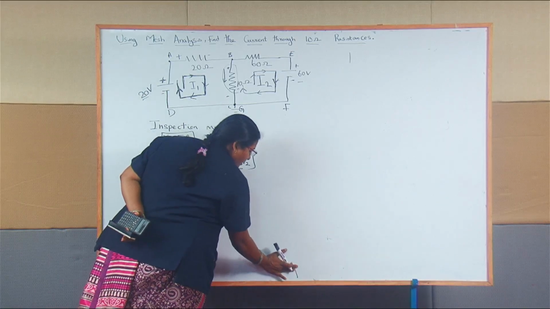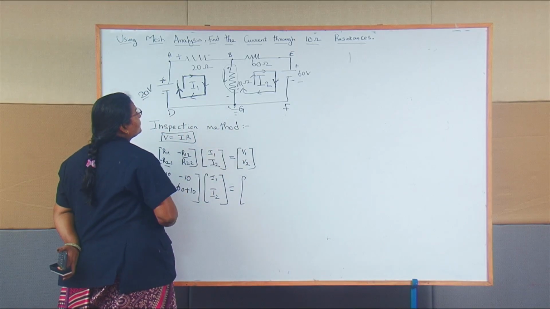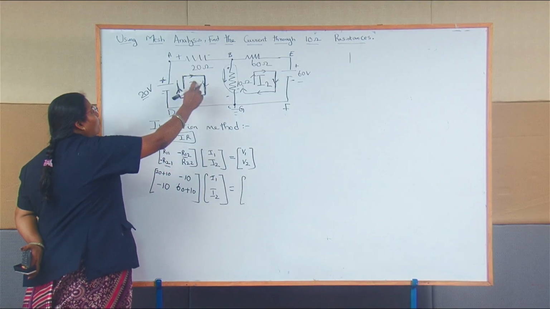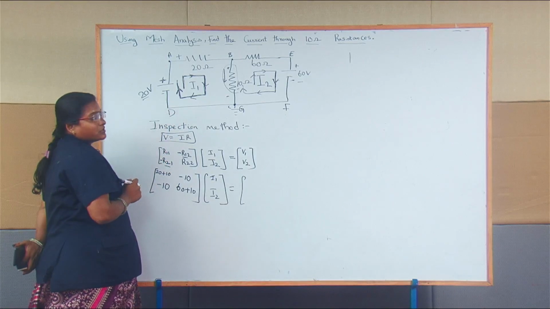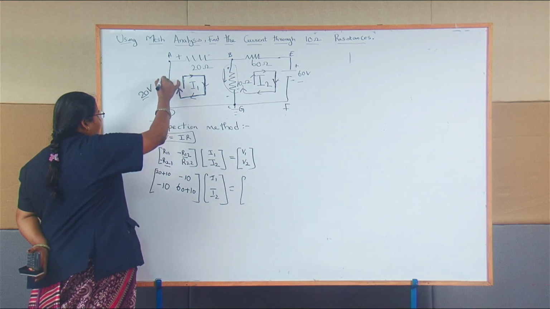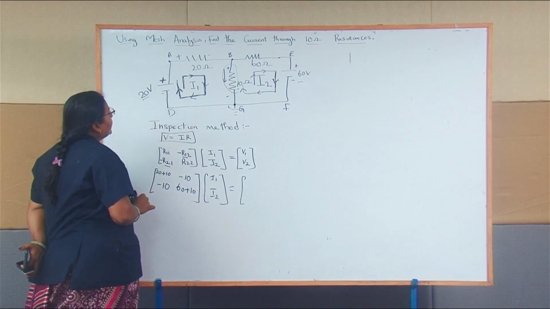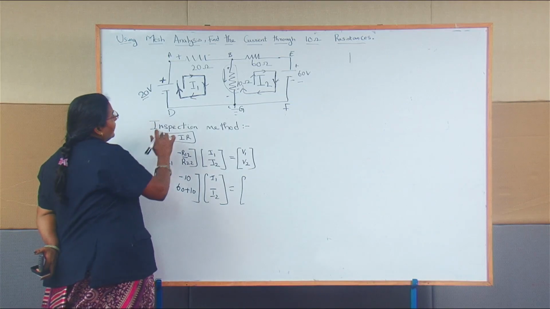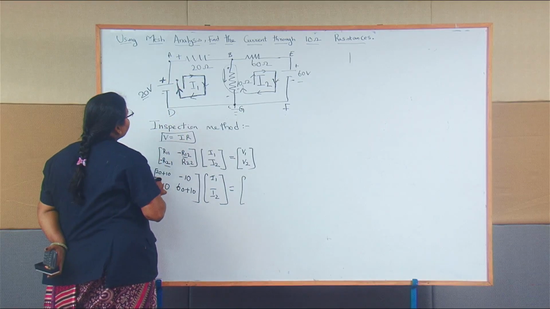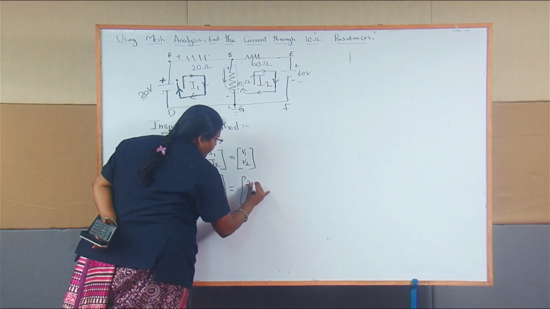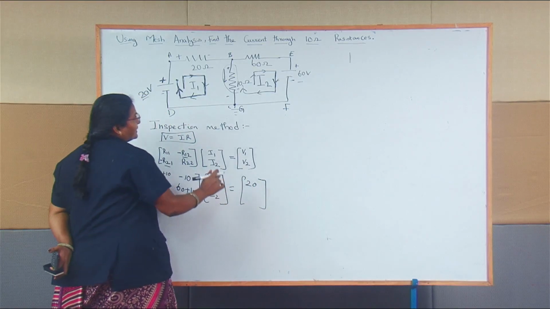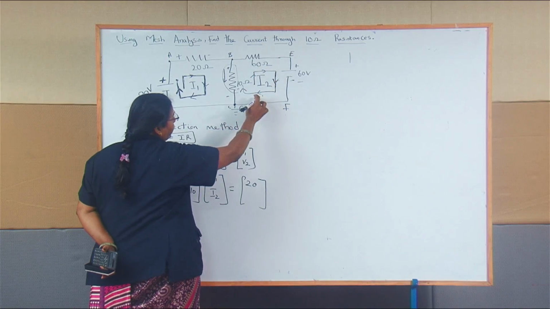Then V1, V2. V1 is nothing but the loop 1 voltage. Here the source voltage is 20 volts. You have to check the assigned direction against your actual direction. This arrow ends at positive, so you have to write positive 20 volts. For V2, it is the source voltage present in loop 2.